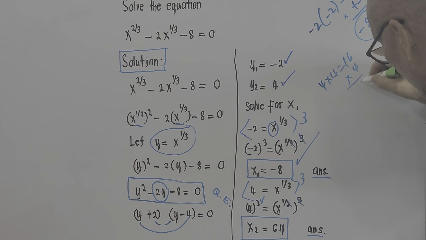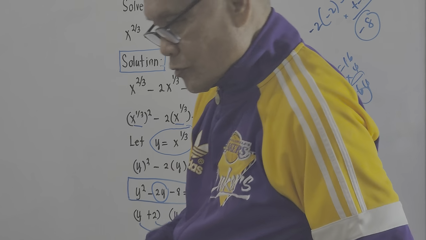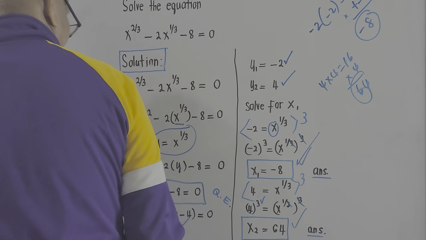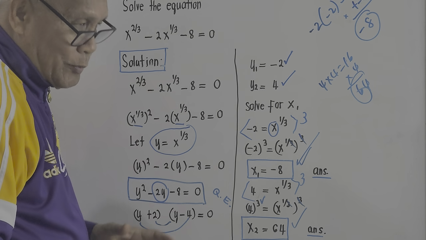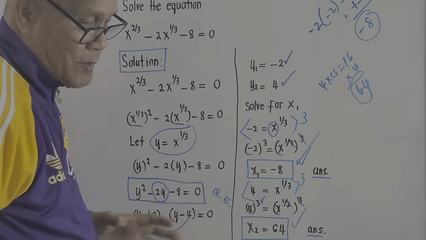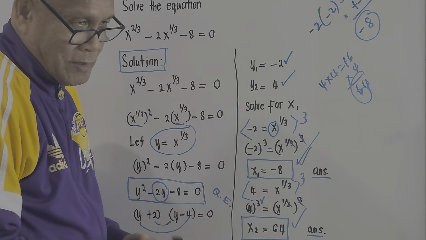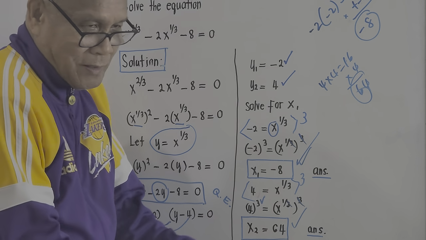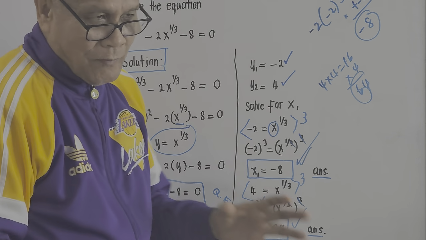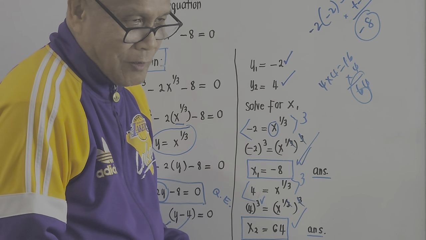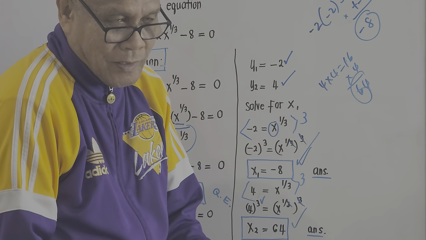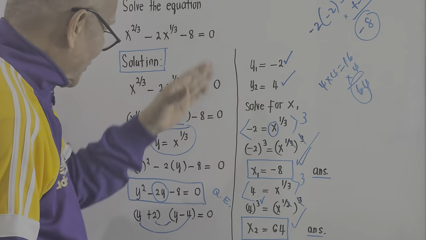Okay, that's it guys. That's the way how to solve an equation in which at the first look, it seems it is not reducible to a quadratic equation, but by making some algebraic manipulation and using our knowledge of the laws of exponent, we could reduce the given equation to a quadratic equation.